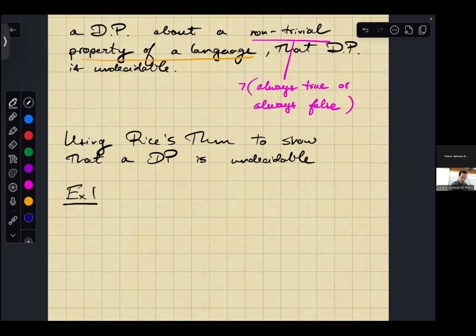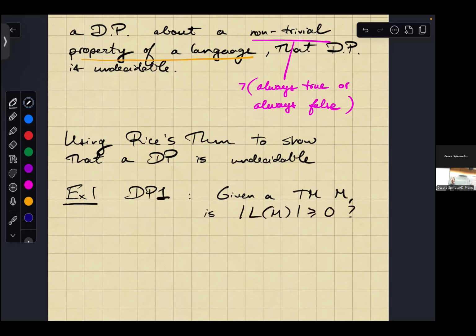So let's look at example 1, which will have decision problem 1. Decision problem 1 says, given a Turing machine M, is the cardinality of the language accepted by M greater or equal to 0? To know whether I can use Rice's theorem to show that this language is undecidable, I need to show two things.